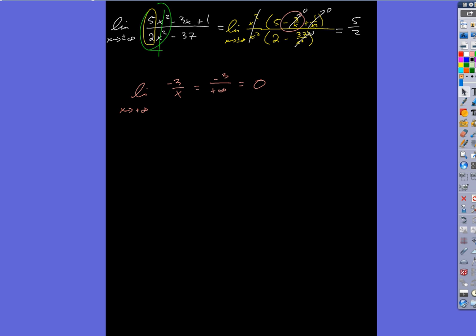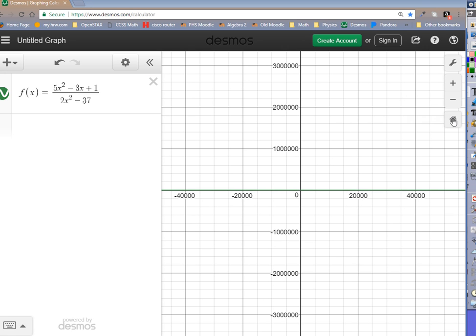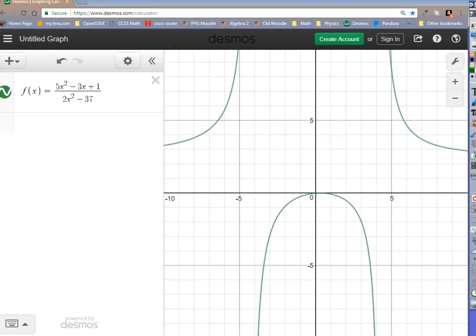It's 5x squared minus 3x plus 1 all divided by 2x squared minus 37. Okay, and let's zoom in. Okay, we get that, right?